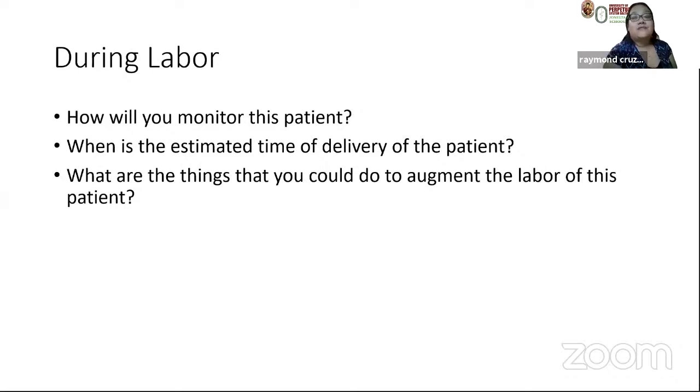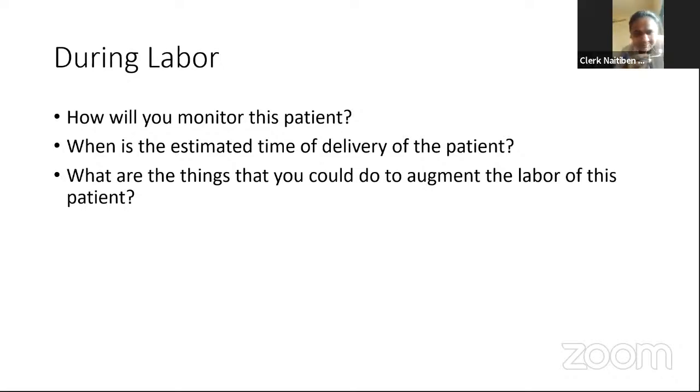Estimated time of delivery of this patient. This is a multigravid. Patient is currently 2 to 3 centimeters. In how many hours will this patient deliver? 2 hours, doc? 4 hours, doc. How did you arrive at the answer?